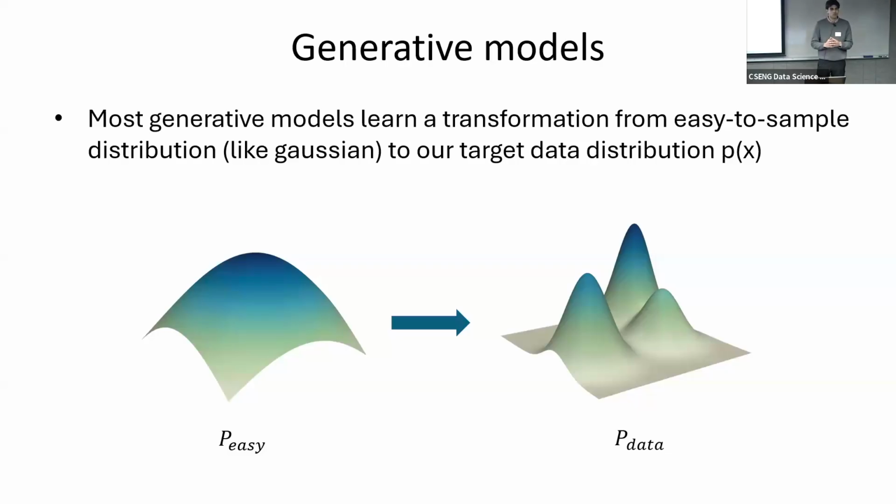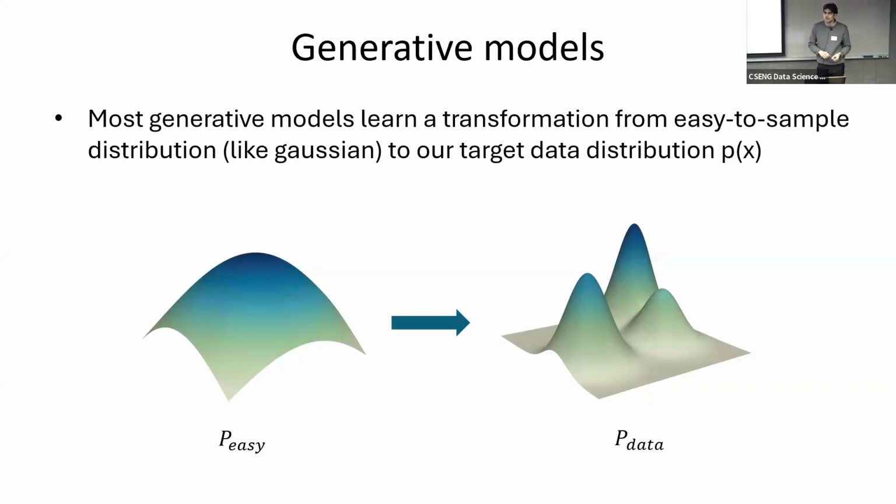There is a bunch of Gen AI models that we hear about, but for a majority of them, you can simply think of them as this big picture. As Anuj pointed out, we are learning distributions of data. We are trying to learn a transformation from some easy to sample distribution, like the Gaussian, to this data distribution, like a distribution over images, molecules, proteins.